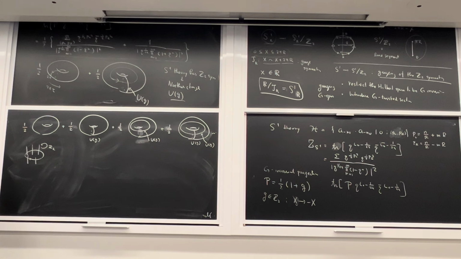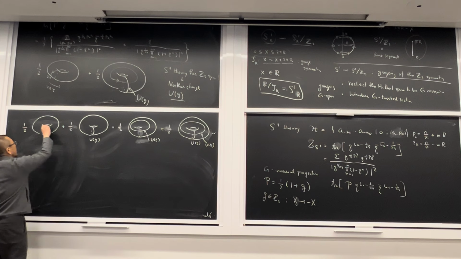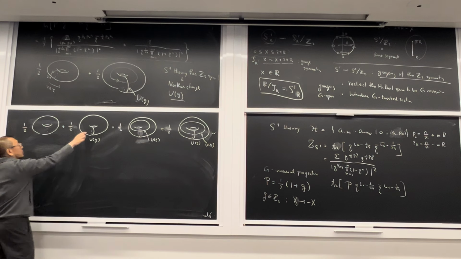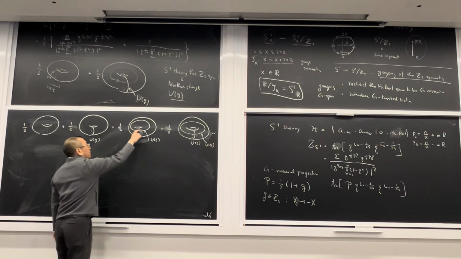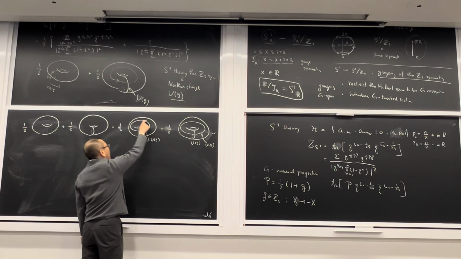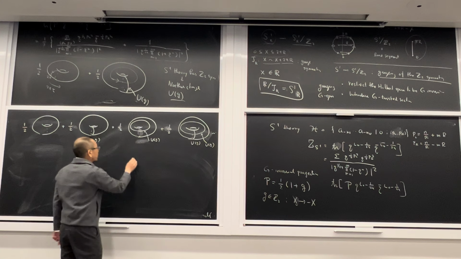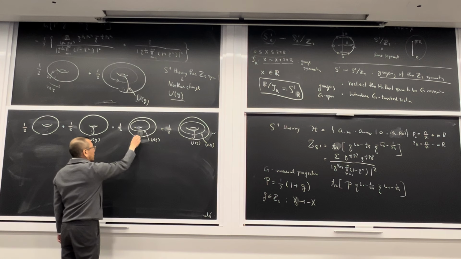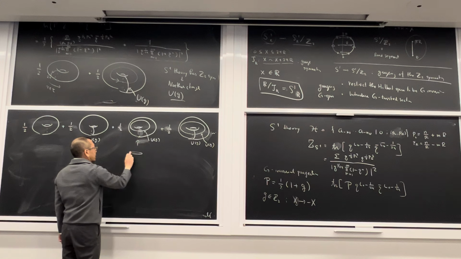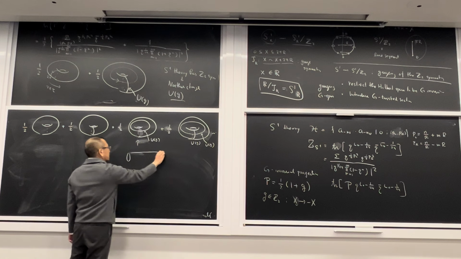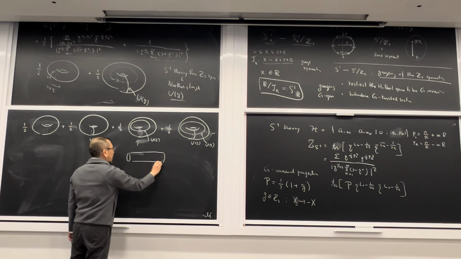Because what you have is that here I'm choosing this cycle to be the spatial cycle, and time propagation is in this direction. So if you open this up, then you have a cylinder which is propagating in the time direction.